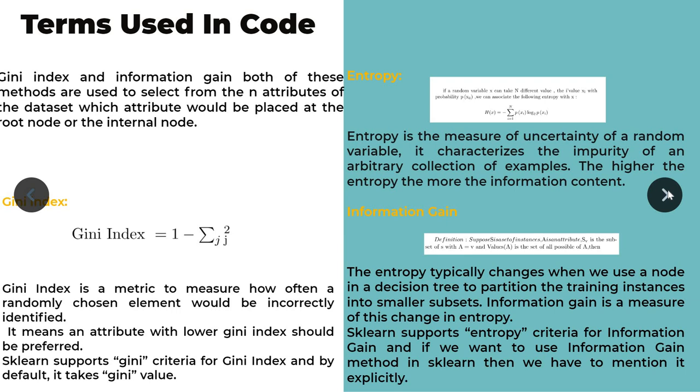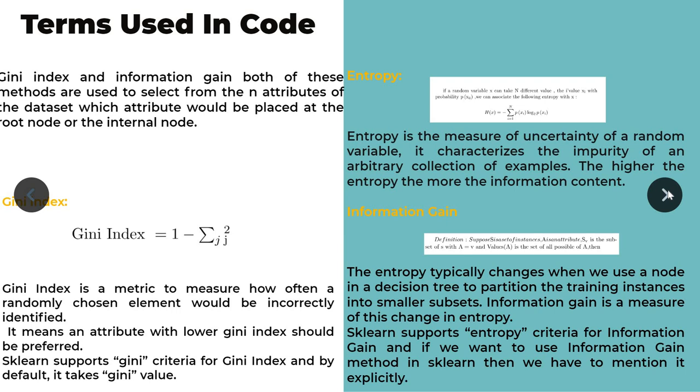Terms used in the code. Gini index and information gain, both of these methods are used to select from the n attributes of the dataset which attribute would be placed at the root node or the internal node. Gini index.